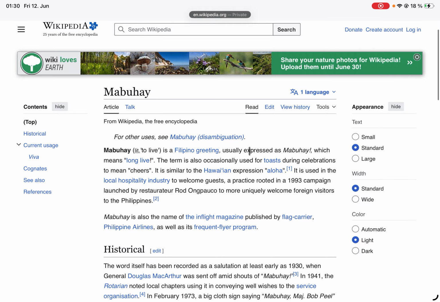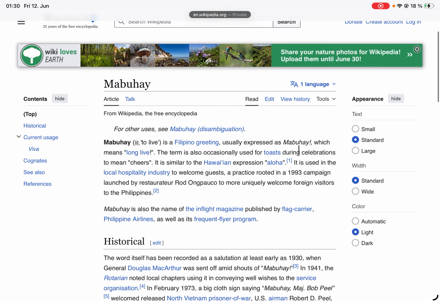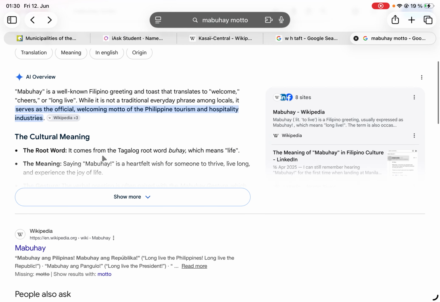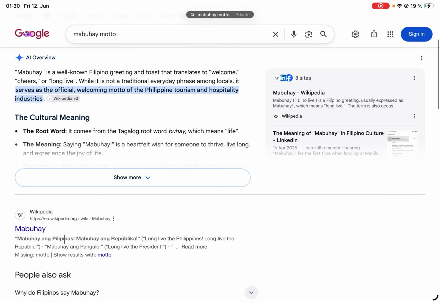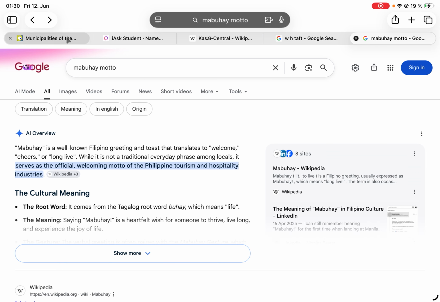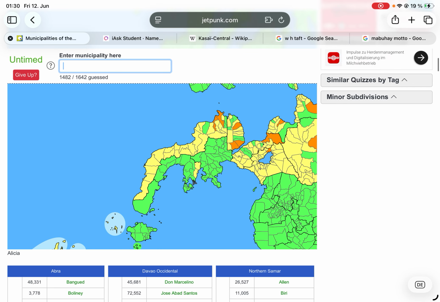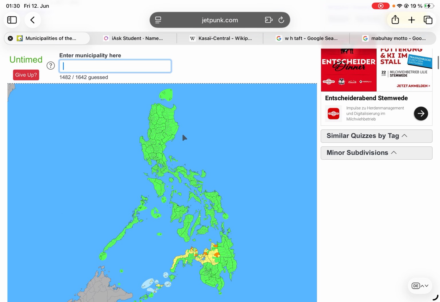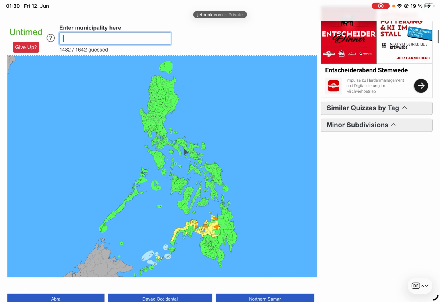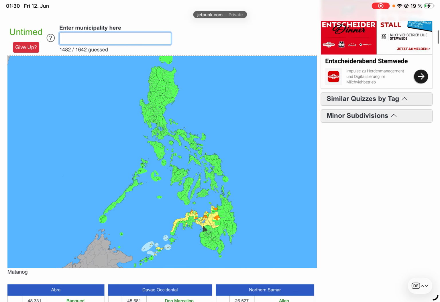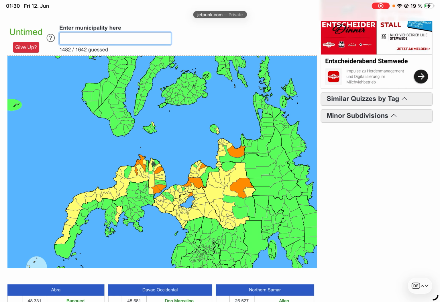It means like to live, and they said Mabuhay ang Pilipinas. Mabuhay ang Republika. Long live the Philippines. Long live the Republic. And I just by coincidence found out that that was what the name meant, because usually I tend to look up almost every single one of these municipalities on Wikipedia. And sometimes, when you just look up the Wikipedia article and you read the etymology part, you can see what all of these names mean.